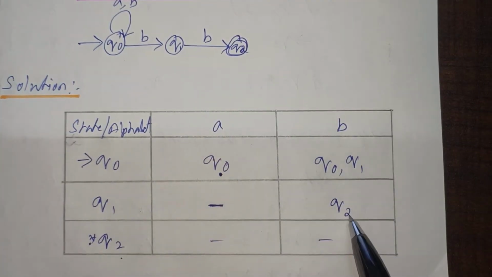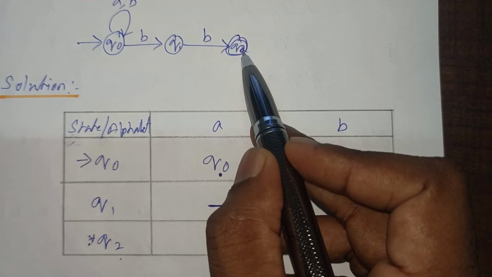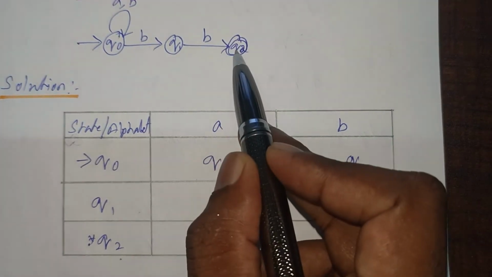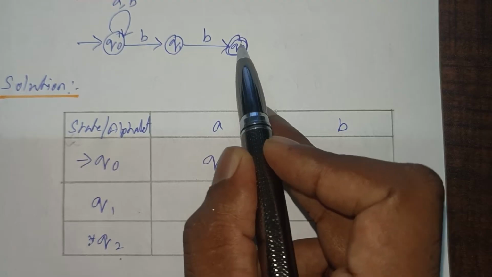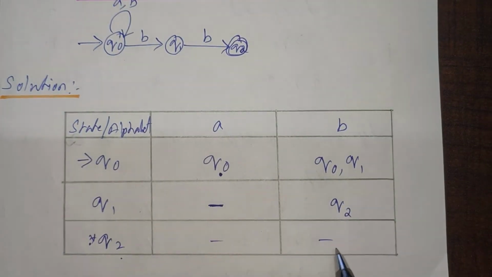So this is the end state, Q2. Now what is the other state we have? That is Q2. Q2 doesn't have any inputs passed to any other state, so it is mentioned as a null state. Now this is the regular state transition table for this given NFA.